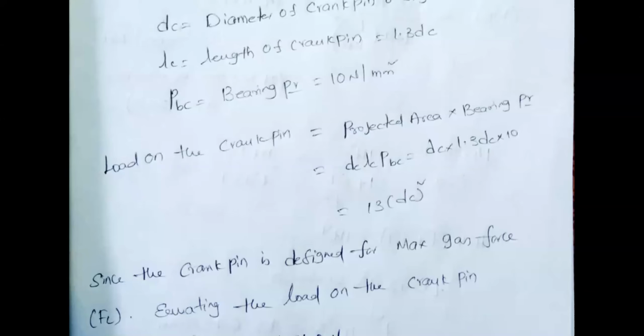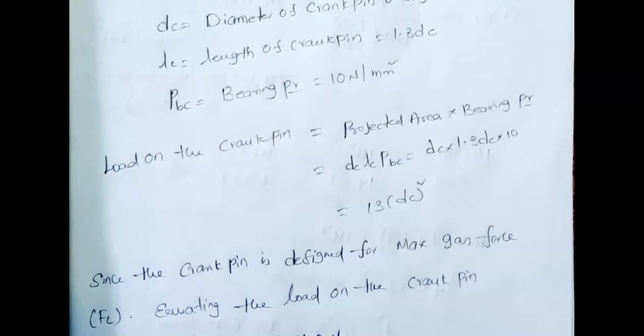Now you are supposed to calculate the length. The length will be 1.3 times the diameter of the crank pin, so that your value will be in terms of DC.